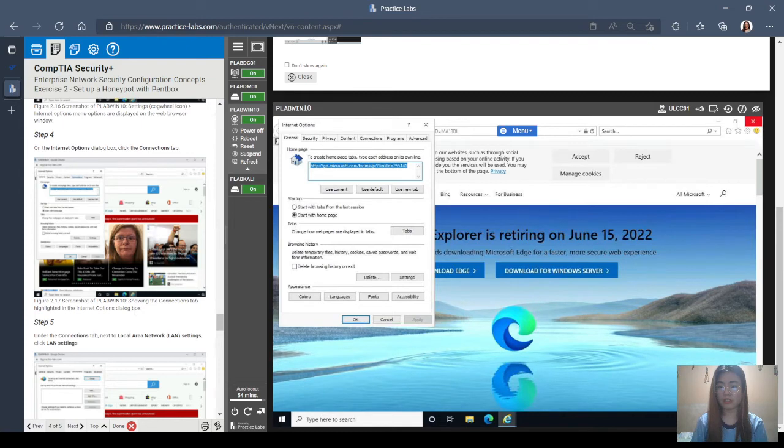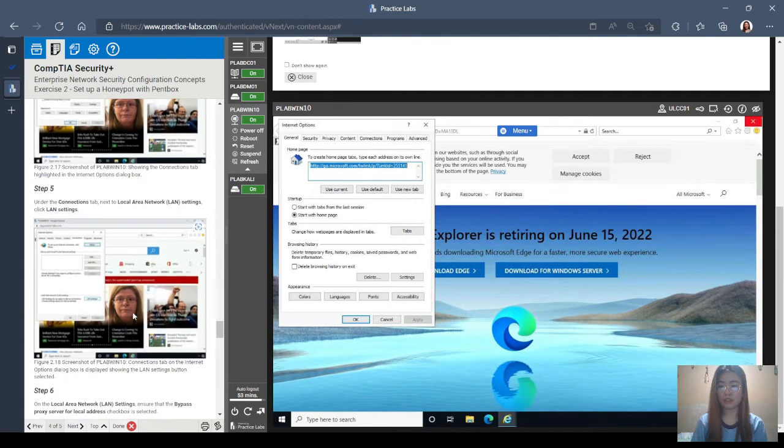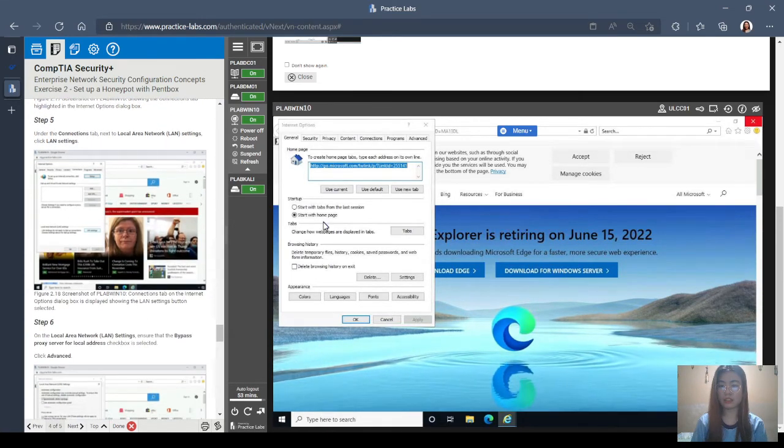Under the Connections tab, next to Local Area Network Settings, click LAN.